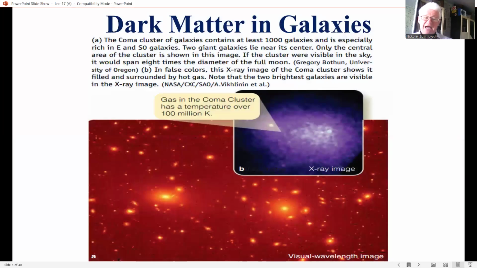Given the size and luminosity of a galaxy, astronomers can make a rough guess as to the amount of matter it should contain. Astronomers know how much light stars produce, and they know about how much matter there is between the stars.